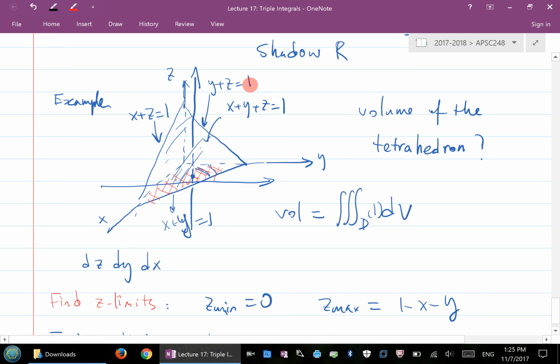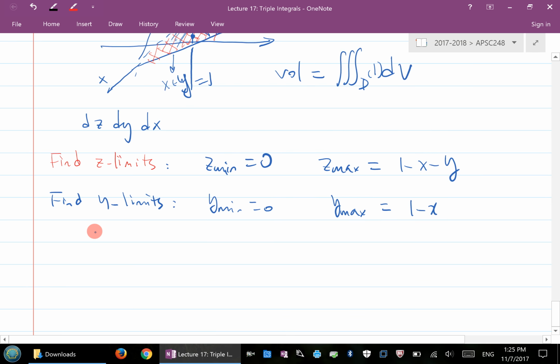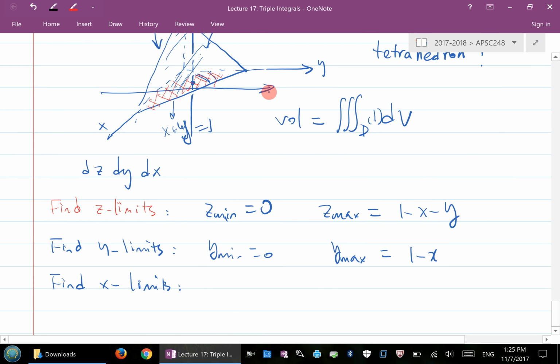Finally, you try to find the x limits. You sweep this arrow line from one end to the other end, representing the two edges. So your x min is 0, and your x max is this point here.